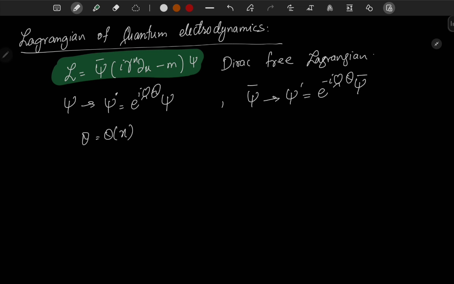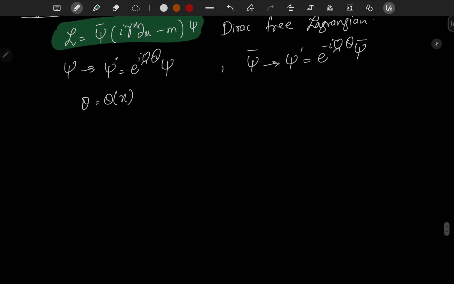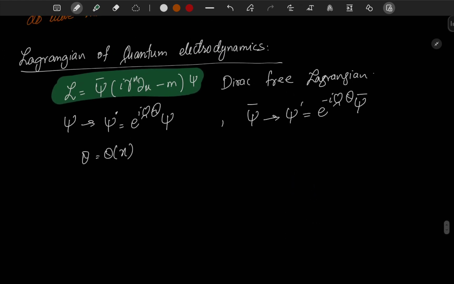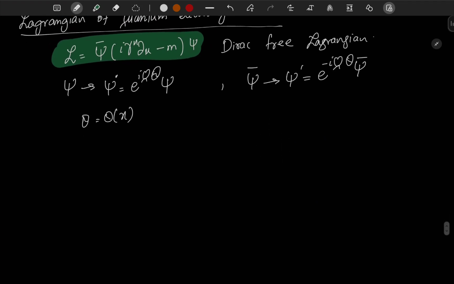Let's see. If this theta parameter depends on position, we try to see how it behaves. We can do it like this: d mu of e to the iota q theta psi.